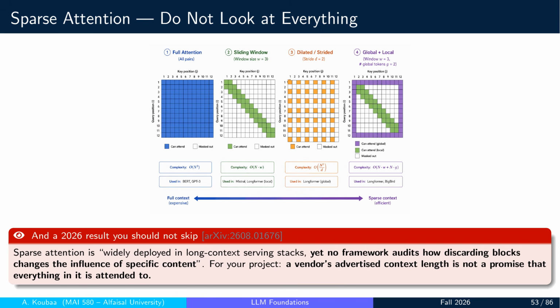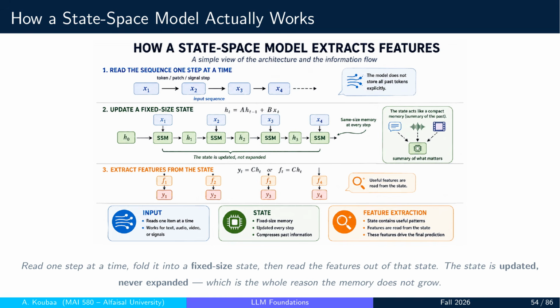Information placed in the middle of a very long context is measurably less likely to be used than the same information at the beginning or the end. That's real, and it's directly relevant to how you order a long agent context. If your design depends on a detail buried in the middle, test that assumption. Do not assume it. Let us build the mechanism one step at a time, following the diagram.